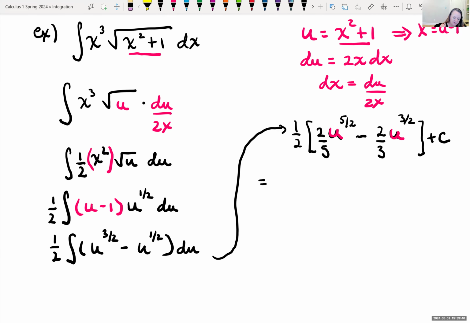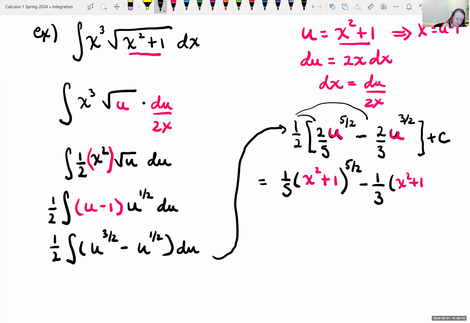If we distribute that 1/2, we'd have 1/2 times 2/5 is 1/5 u, but u is x squared plus 1, raised to the 5/2. That 1/2 times negative 2/3, the 2 is going to cancel, leaving us just with negative 1/3 u, which is x squared plus 1 raised to the 3/2 power, plus c.